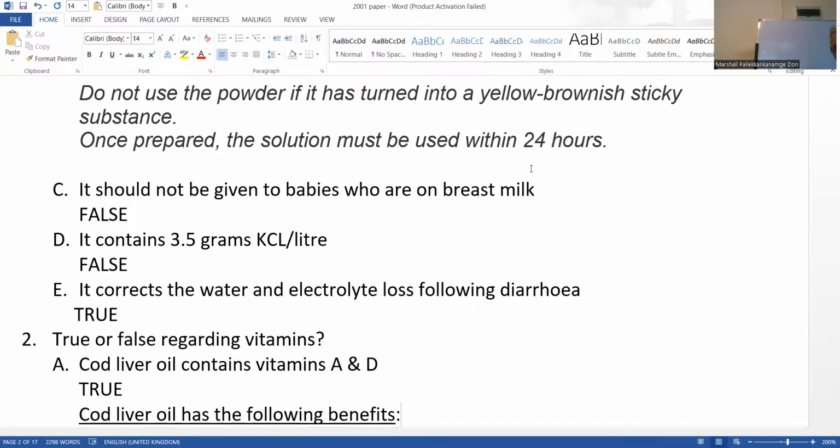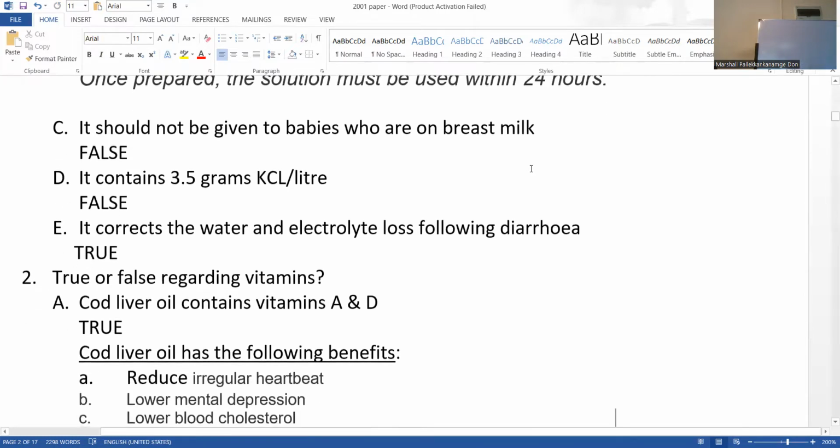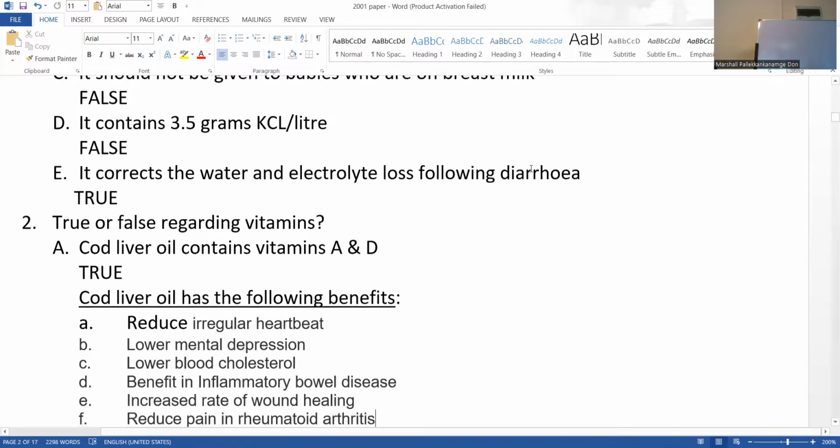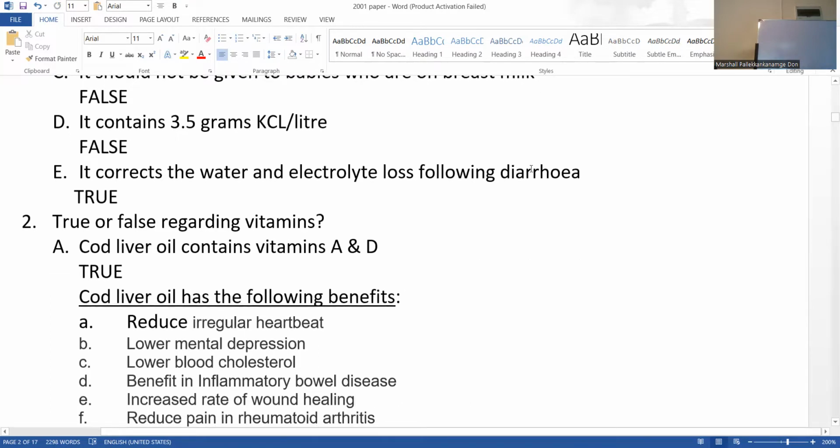C, it should not be given to babies who are on breast milk. That is false. D, it contains 3.5 grams of potassium chloride per liter. That is false. It contains 1.5 grams of potassium chloride per liter. 3.5 was the sodium chloride amount in the earlier formula.